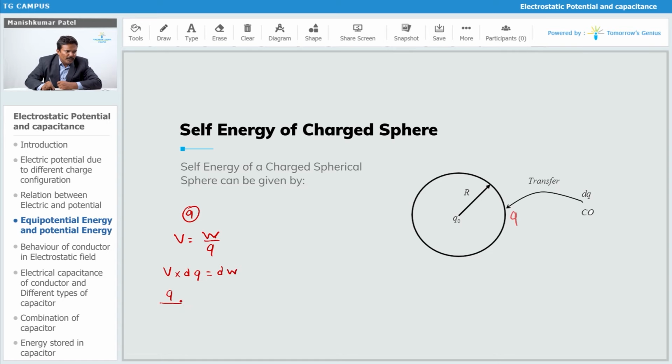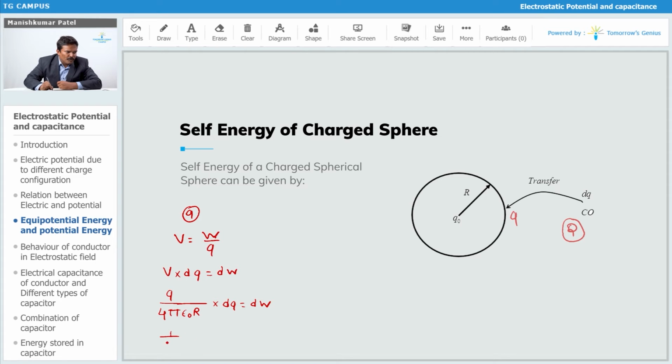So the potential because of that at a distance r, you can write, that is q upon 4 pi epsilon naught r, and then multiply by dq. You have to take the integration up to the final value, where the total charge is capital Q on this spherical shell.